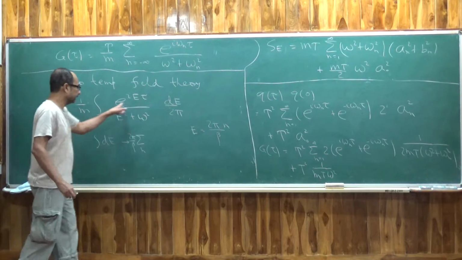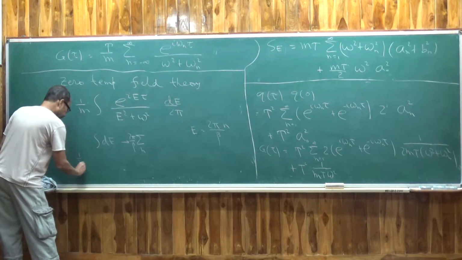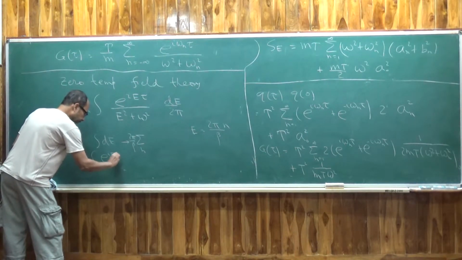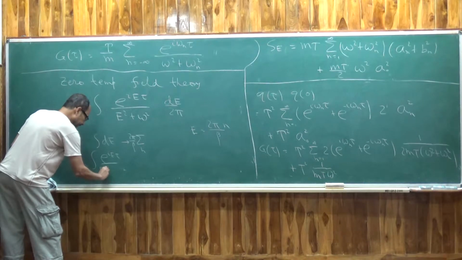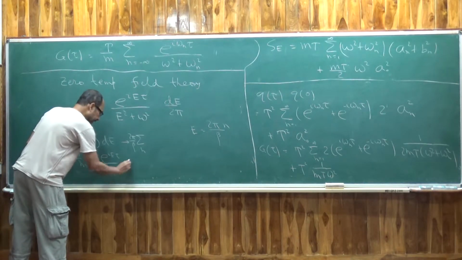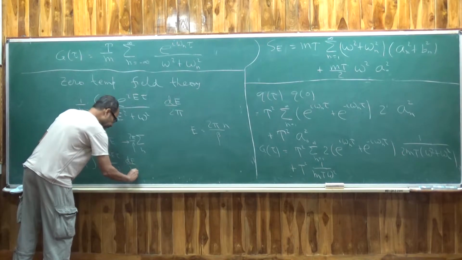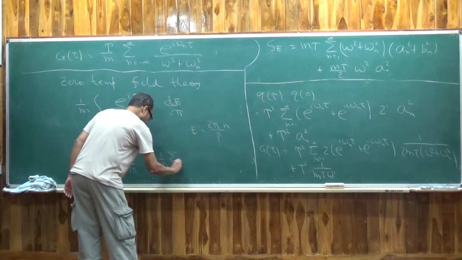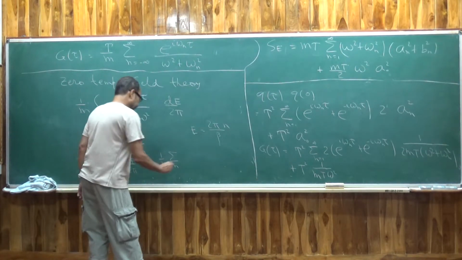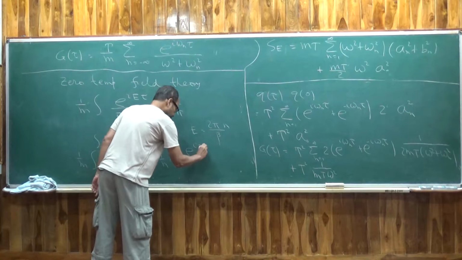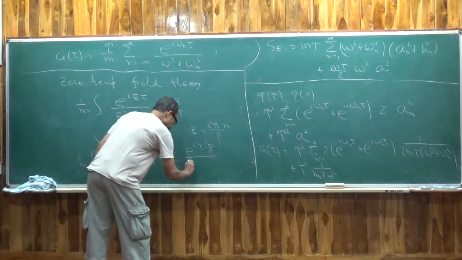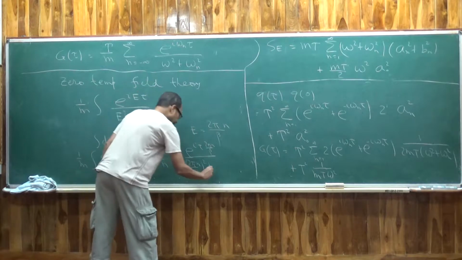So in that case, this integral, 1 over m times the integral of e to the i E tau over E squared plus omega squared, dE over 2 pi, will go over to 1 over m times the sum over n of e to the power i tau 2 pi n by beta, over (2 pi n by beta) squared plus omega squared.